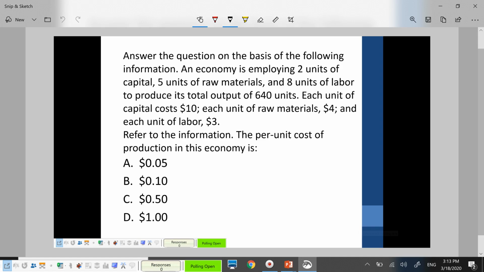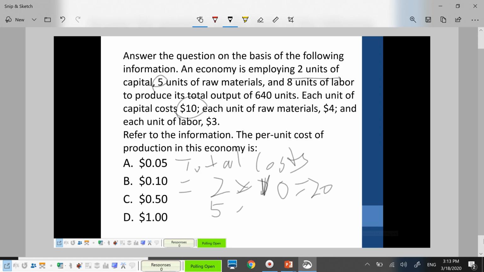So first of all, you have to figure out the total costs. Total cost of my input. They said they're employing 2 units of capital, and each one costs 10. So 2 multiplied by 10 is 20. And the second one is 5 units of raw material. Each one is $4.